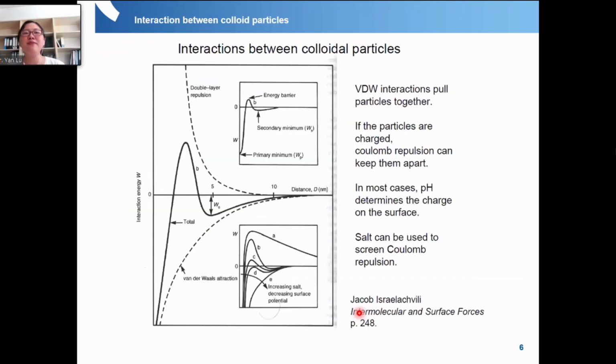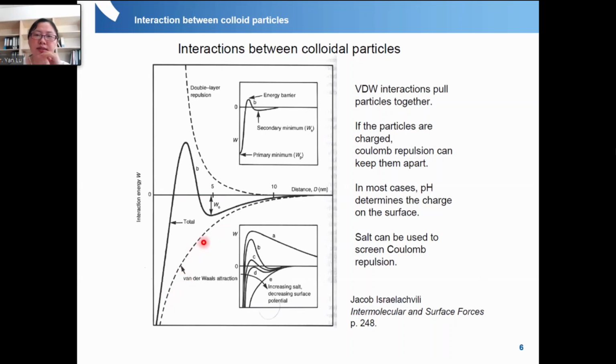As I promised, we should understand the interaction between the colloidal particles when we talk about this system. So I just remind you again. Here we have the attractive interaction, which is normally based on the van der Waals interaction.